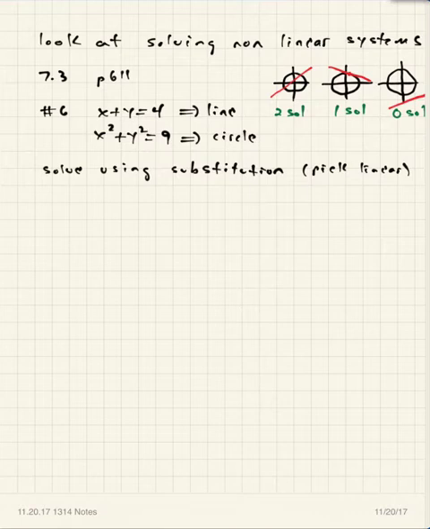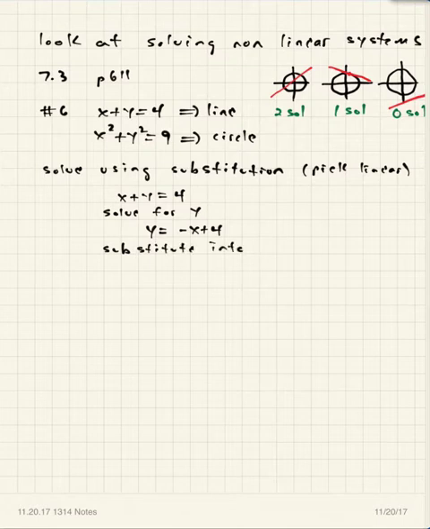So if I take the linear equation x plus y equals 4 and I solve it for y, let's say, then that means just subtracting x from both sides, and I have y equals negative x plus 4. And now remember what you do is you substitute into the other equation.